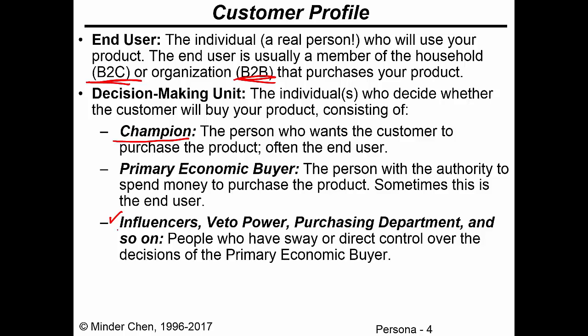They have a very strong influence and sometimes the veto power if we want to purchase some product which is not in their approved list of configuration of a PC, of a Mac, then you need to kind of go through a special request to make that happen. Okay. So these are the people who have sway or direct control over the decision of the primary economic buyer here.